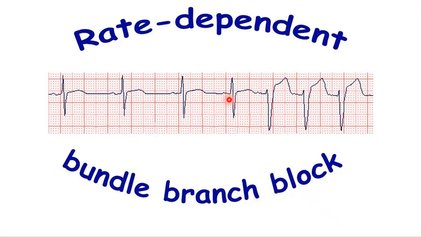So we're looking at a V1 tracing, a chest tracing here. And you can see this person is clipping along, normal day in sinus rhythm. QRS looks great. And all of a sudden the rate speeds up, does it not? And so the person still in sinus still has the P waves in front of the QRSs, but you'll notice that the QRS widens out.